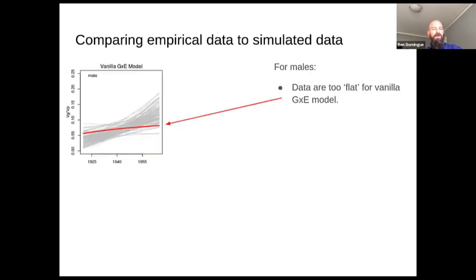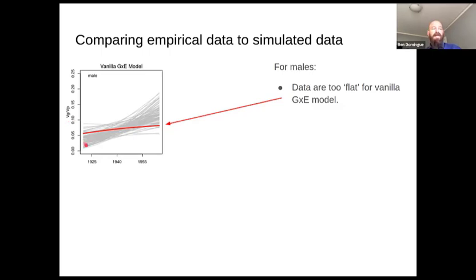And here's what we see. The red is now the result from the empirical, the actual HRS data for the males when I estimate model 3, the full model. What you basically notice is that there is not much actual change in the amount of outcome variation explained by the genotype for the empirical HRS data.